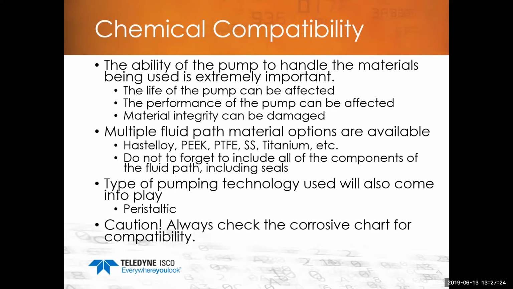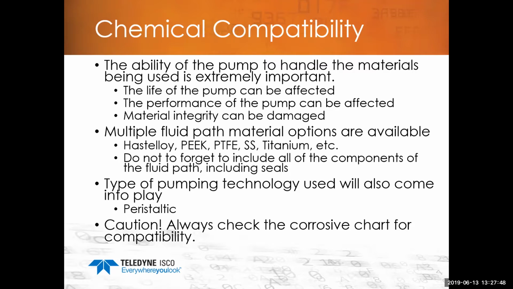Now, in some cases, in the reciprocating pumps that are out there, the piston pumps and the syringe pumps, you can have different head material, fluid path material like Hastelloy, PEEK, PTFE, stainless steel, titanium, which will help. But please keep in consideration when you're looking at the type of pump you're going to use, you want all of the components in the fluid path, including the seals, to be chemically compatible.